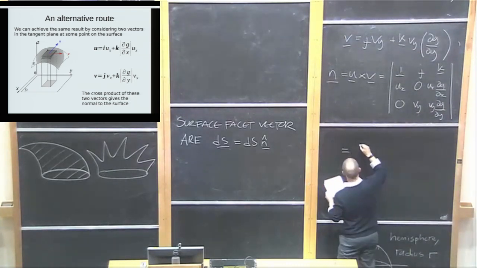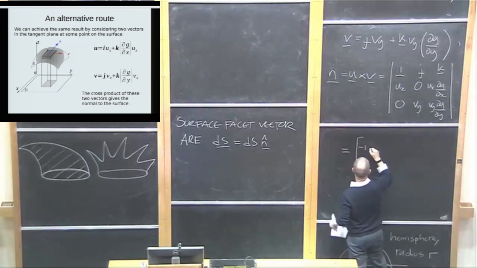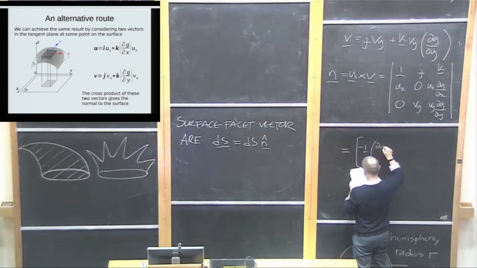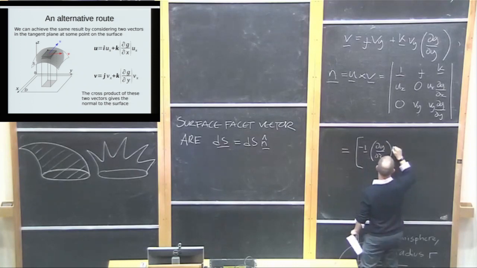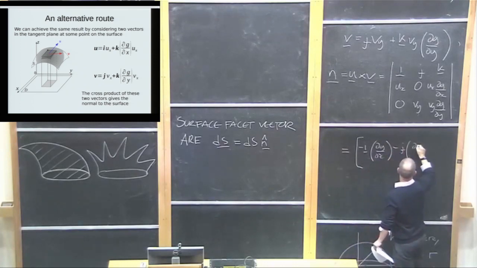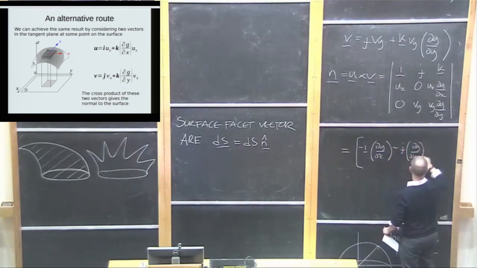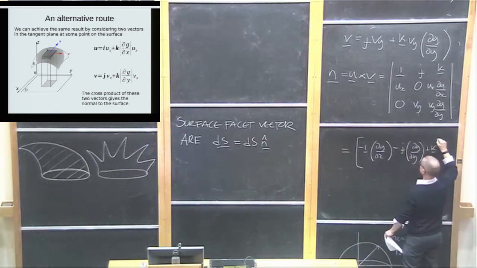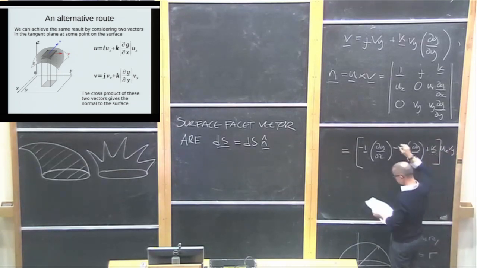So this equals minus i dg dx minus j dg dy plus k, all times ux vy.